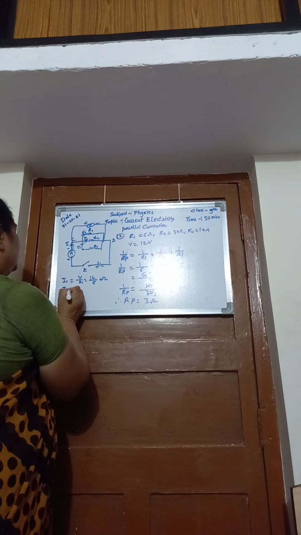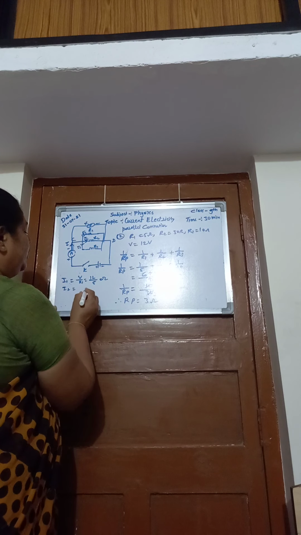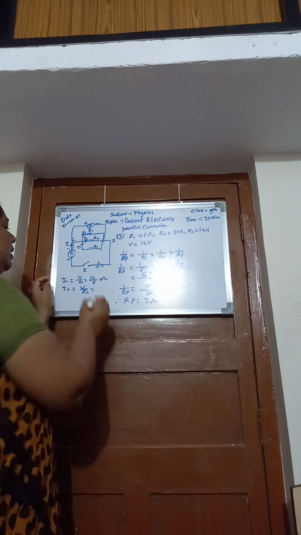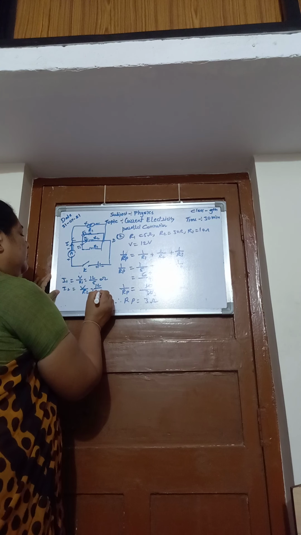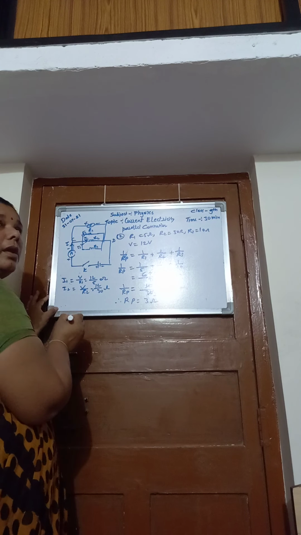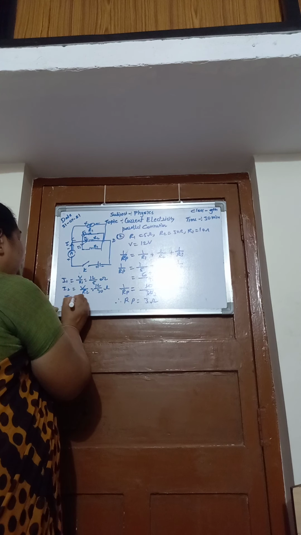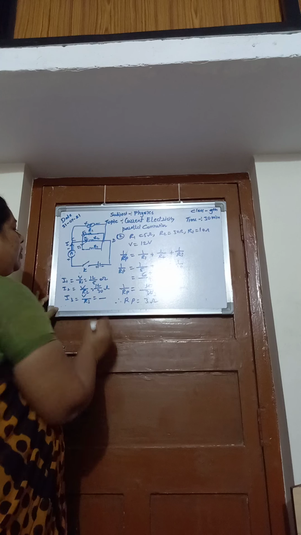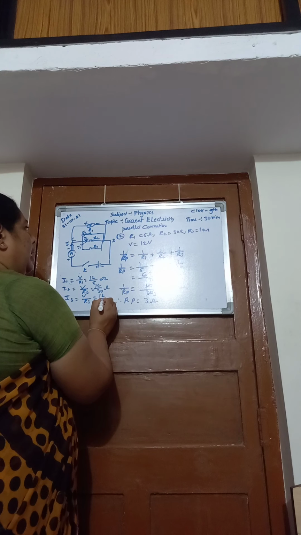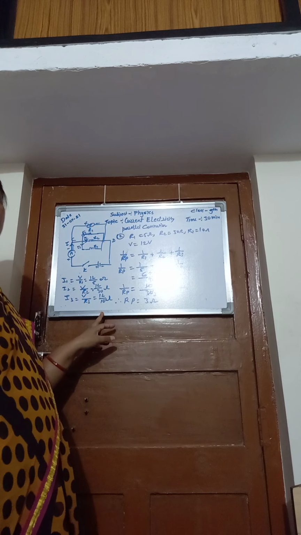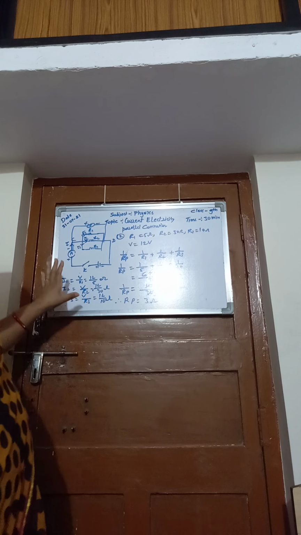I2 equal to V upon R2, V is given as 12 volt upon R2 equal to 30, so 12 by 30. And I3 equal to V upon R3, which means 12 by 10. This is the answer.